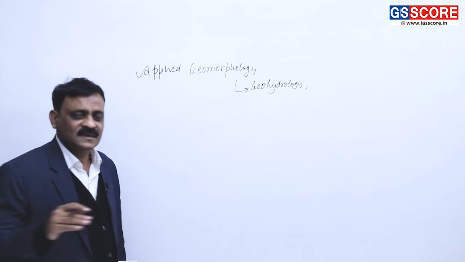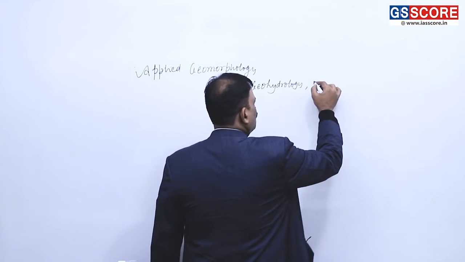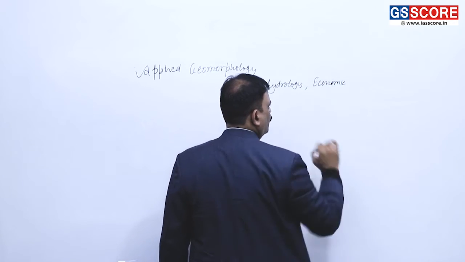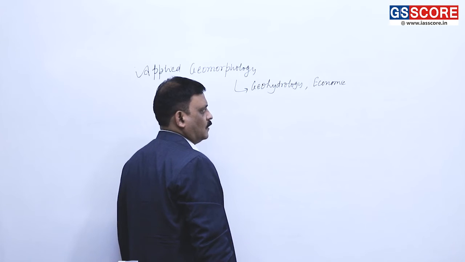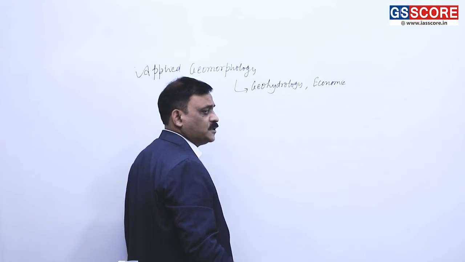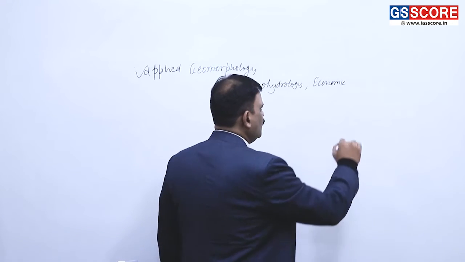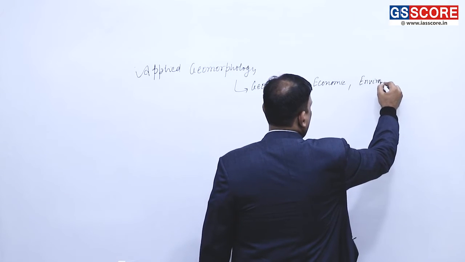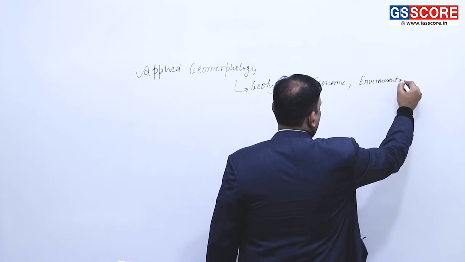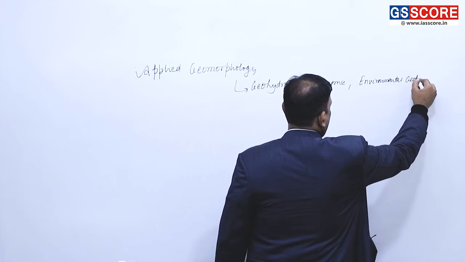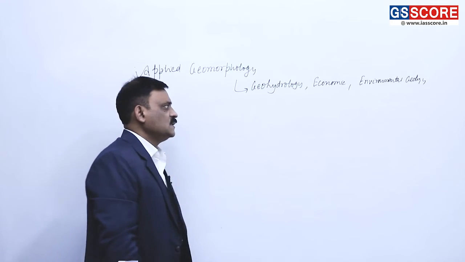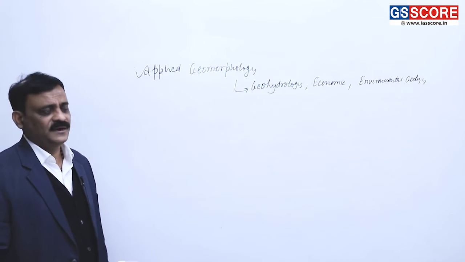And then the syllabus that is mentioned is about economic geomorphology or economic geology, or the syllabus that is mentioned is about environmental geology. These are the topics which are mentioned as a part of your applied geomorphology.